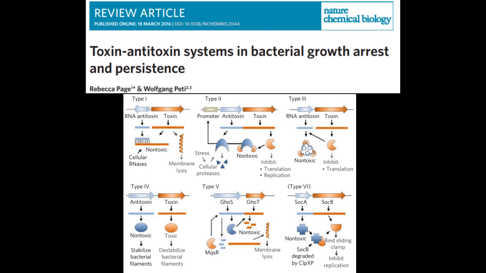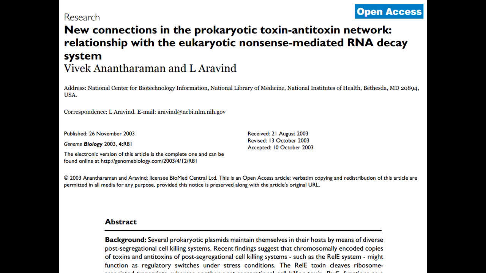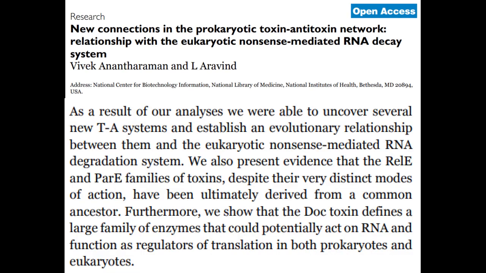But the truth seems to be some kind of a balance between the selfish side and the advantages which they confer. So one of the programs which I initiated was to use computational methods to discover new toxin-antitoxin systems. And the basic idea here was to discover some kind of a grammar which these toxin-antitoxin systems had. And the grammar in this case was relatively simple because it was just two genes.